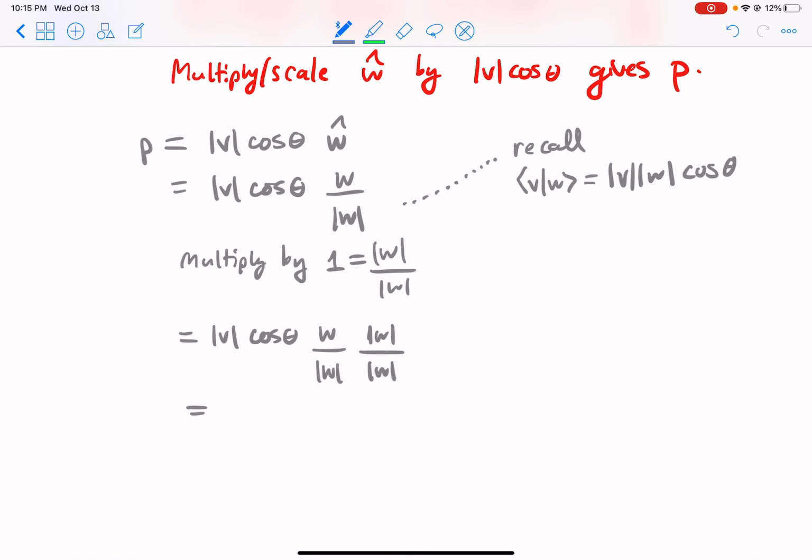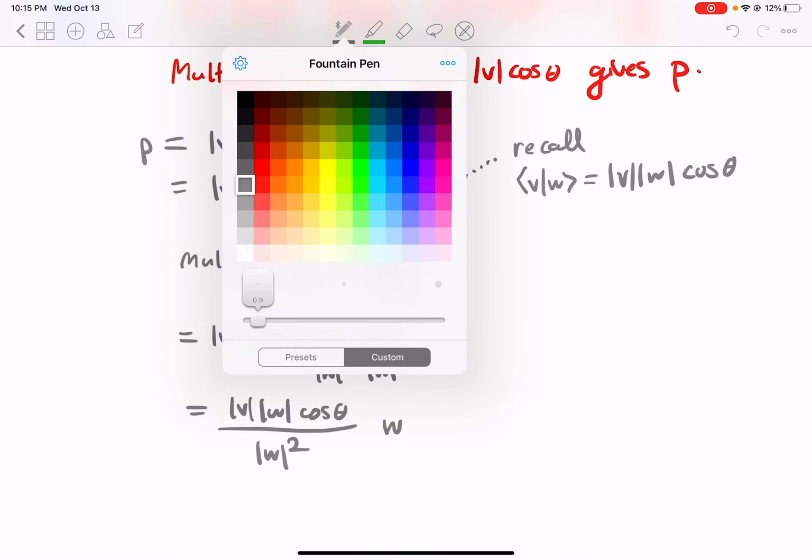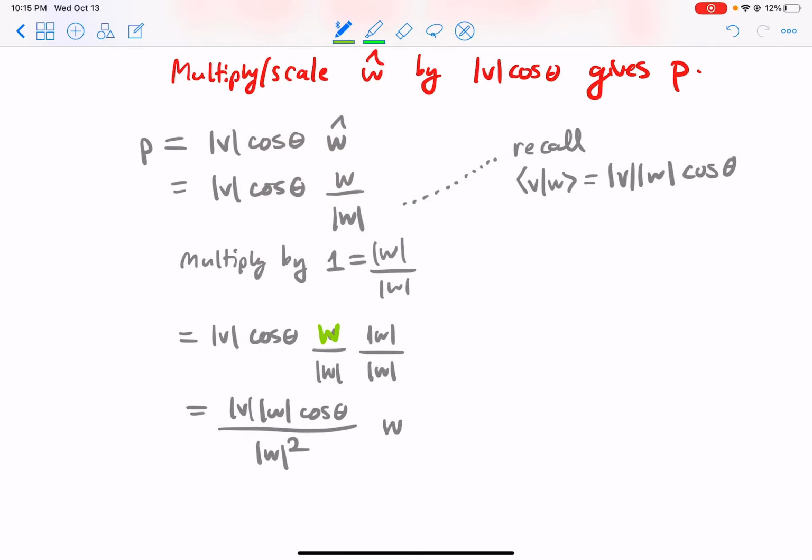And now I can rearrange. So you see that the only vector here has been the whole time this thing. W hat was a vector. But then we split it into another vector and a number. And so now we recognize, and I'll continue with my formulas, that v dot w is here.